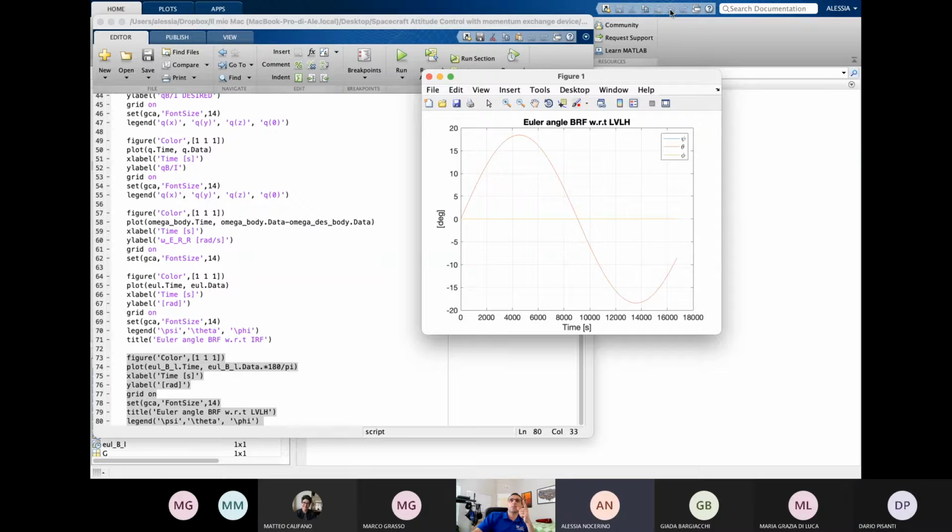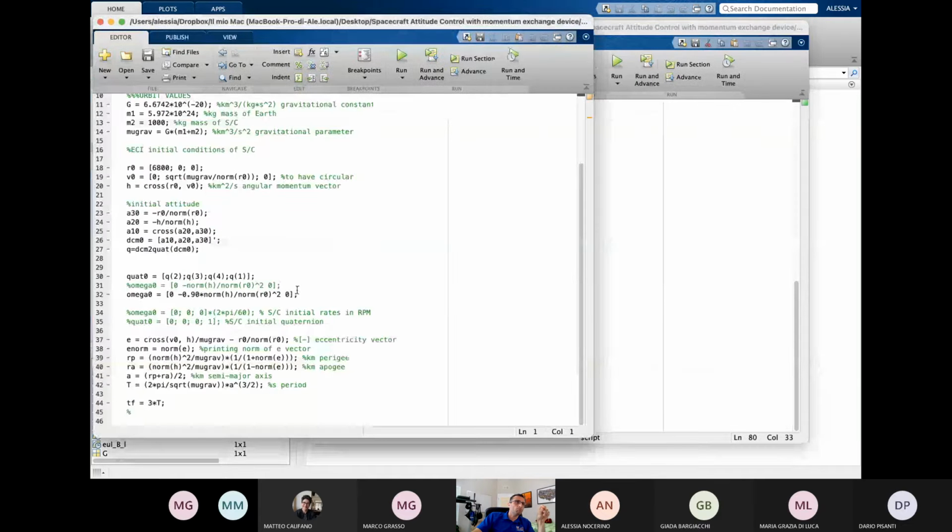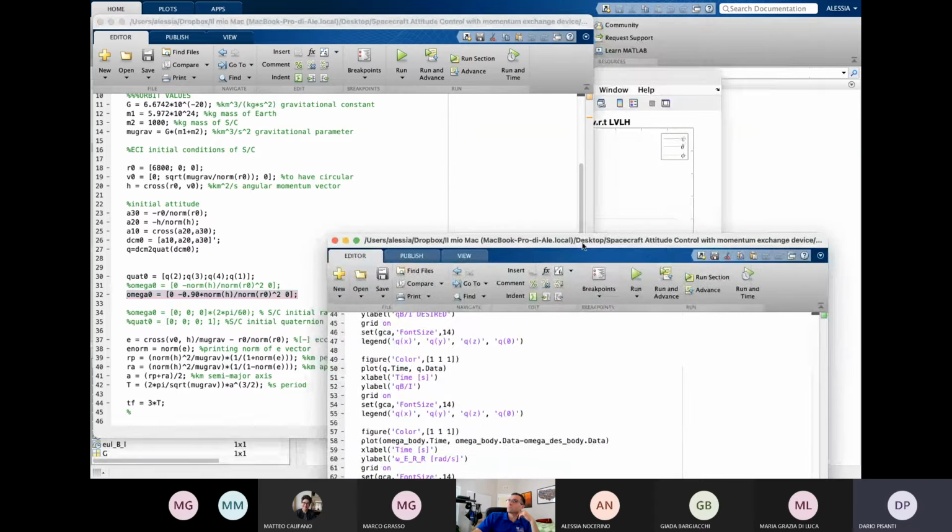It's 90% of the one of LVLH, but that 0.9 was applied before you converted into inertial. Yeah, indeed, I did the same. But the point was that if I put exactly one, at least for me, I have a stable behavior.